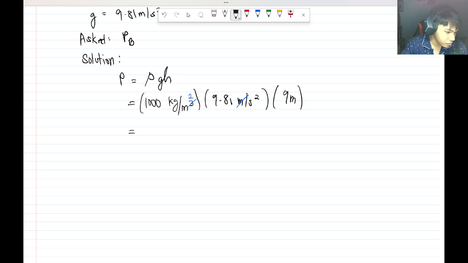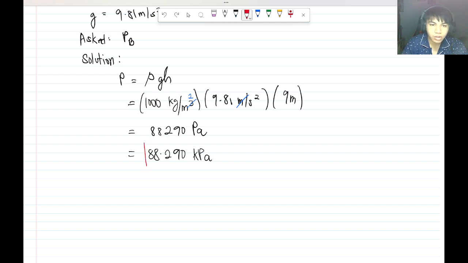So when you input that in your calculator, you should have an answer of 88,290 pascals. Or that would be 88.290 kilopascals. We'll try to make it simpler. Just divide it by 1000. And that's it.